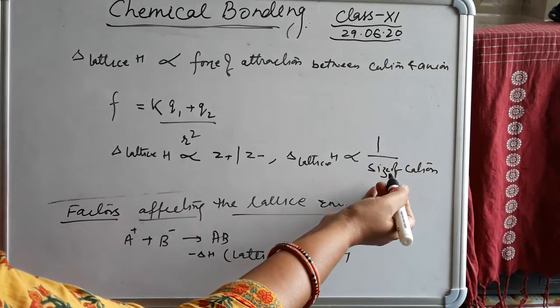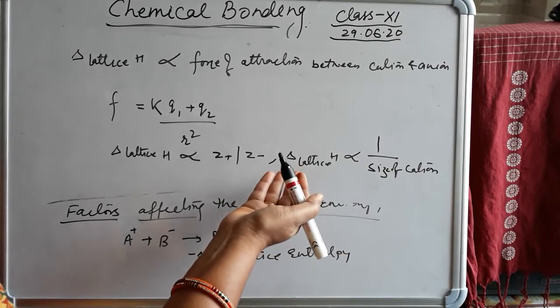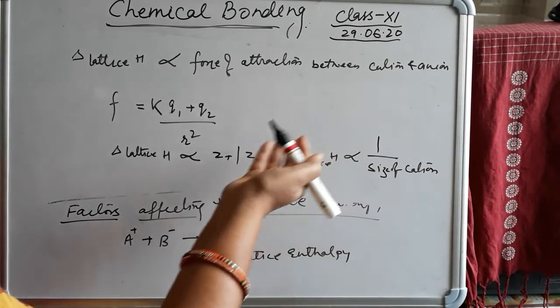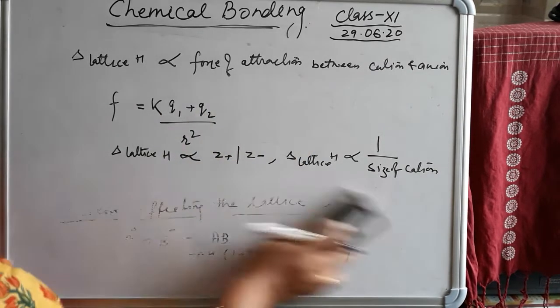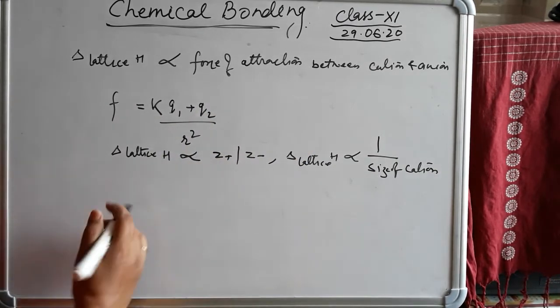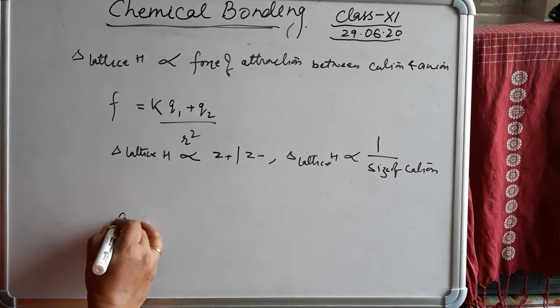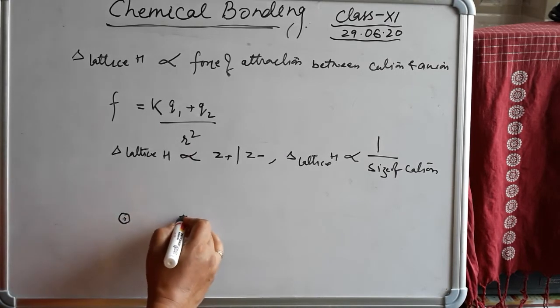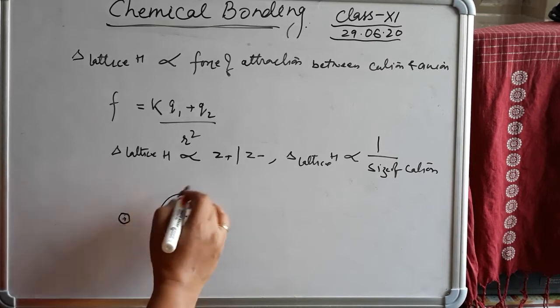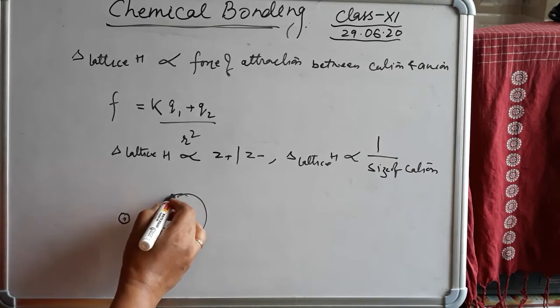If size is greater, enthalpy is lesser. If size is smaller, enthalpy will be greater, because suppose we have a smaller size of cation and a larger size of anion. So suppose here is the electron.